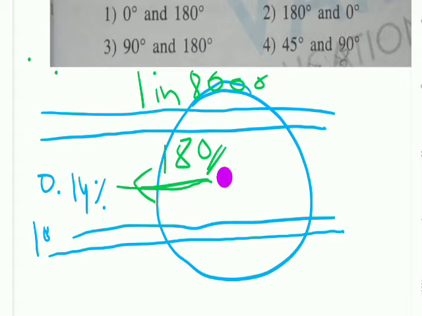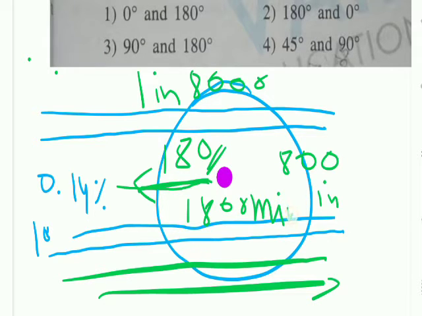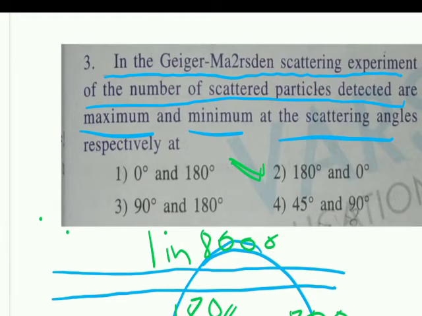So the maximum number of particles are not deviated, and only one in 8,000 alpha particles is deviated 180 degrees. So the minimum is deviated alpha particles at 180 degrees, the maximum at 0. Our answer, option 1, is the right answer.